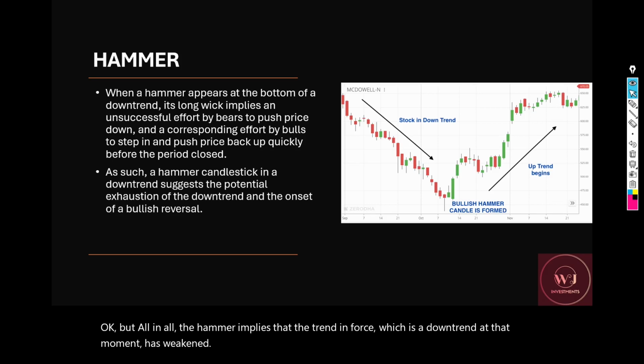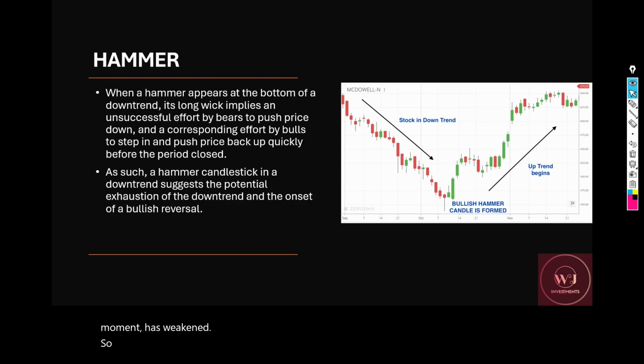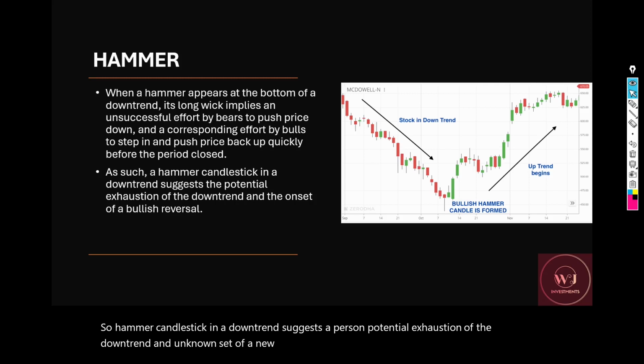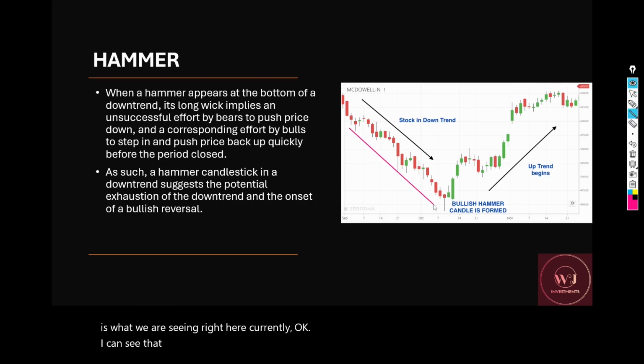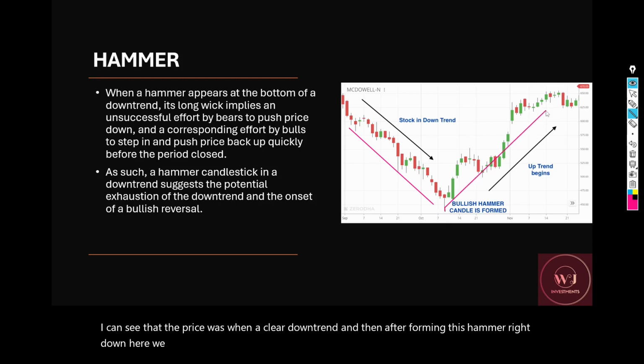So a hammer candlestick in a downtrend suggests a potential exhaustion of the downtrend and the onset of a new bullish reversal. That is what we've talked about, and it is what we are seeing right here currently. Say the price was on a clear downtrend, and then after forming this hammer right down here, we formed a new uptrend.